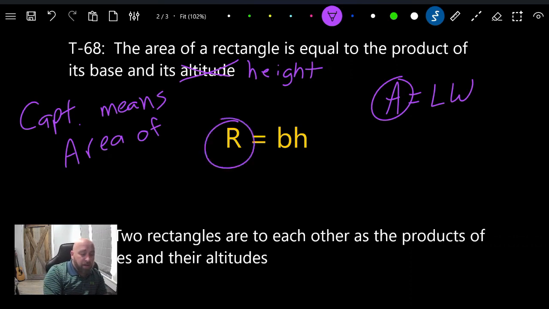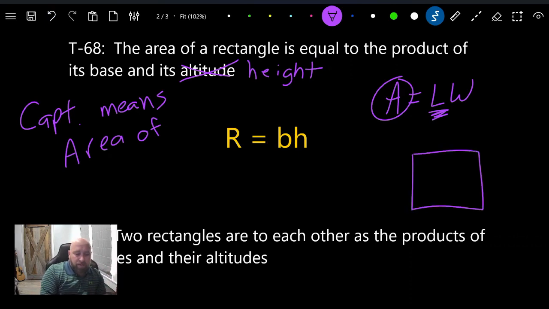So we have an area of a rectangle is the length, and now we're going to call it the base. We're just changing the name of it. It's the same thing. So if we draw a rectangle here, this would have been the length back in grade school, but now we're going to call this the base. We call it the base because it's sitting on the base, that's what it sits on.